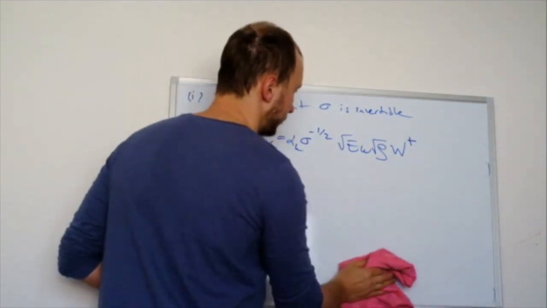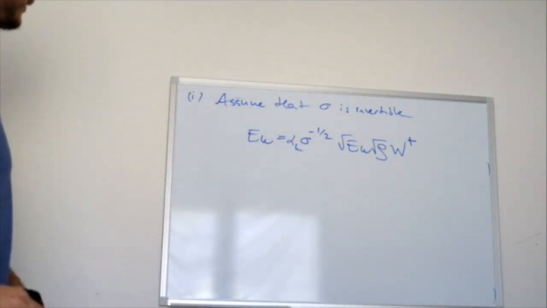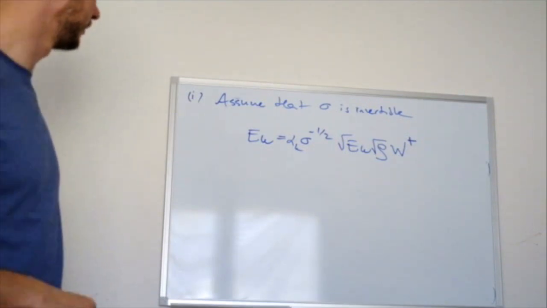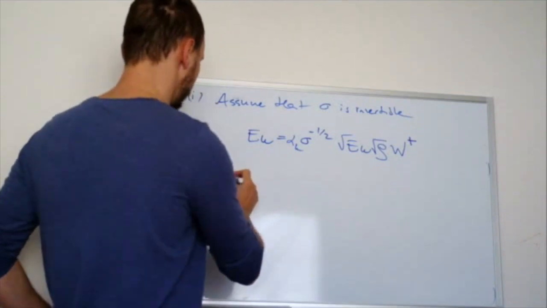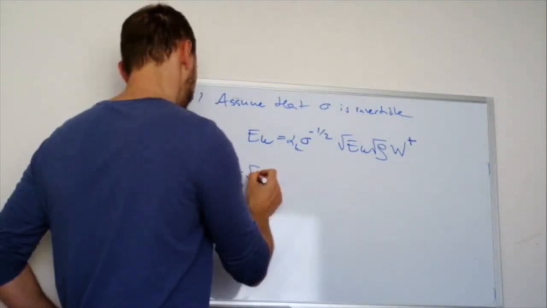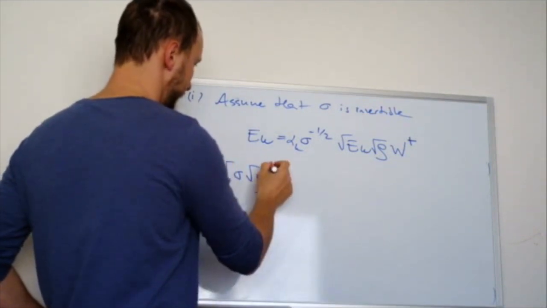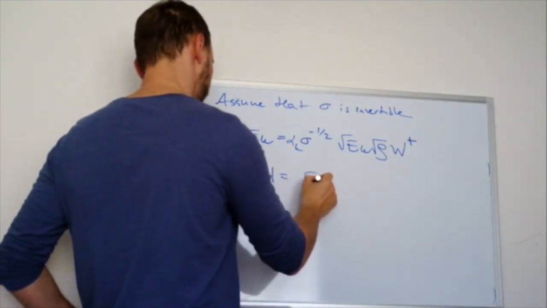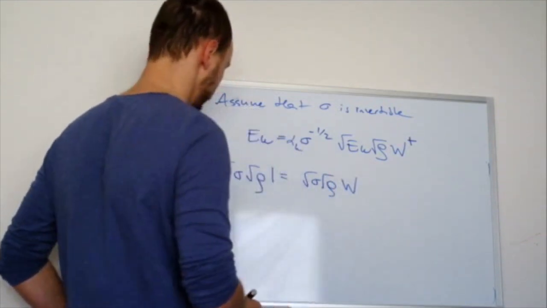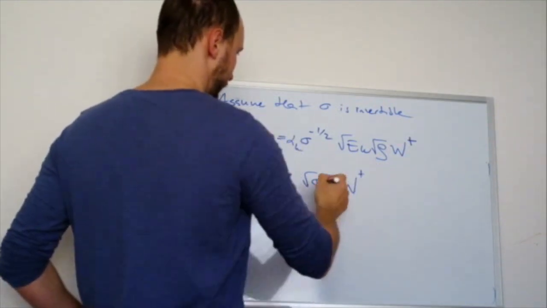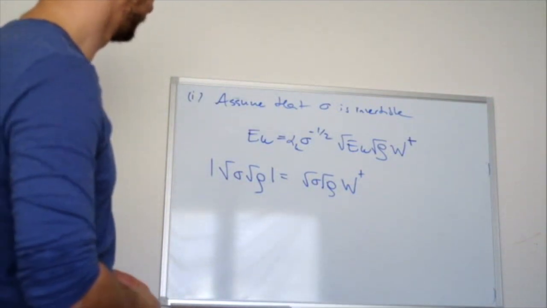On the other hand, if you remember, we also had something like square root of rho, square root of sigma. Remember this? We said that this is equal to W dagger, right? Or was it the other way around?